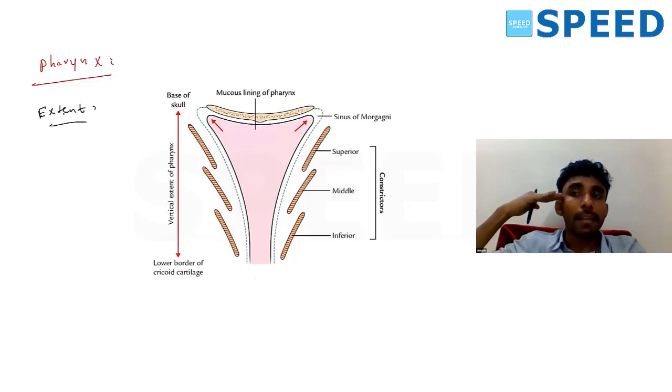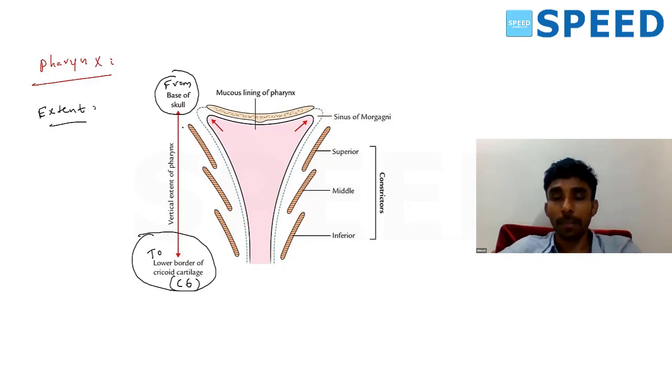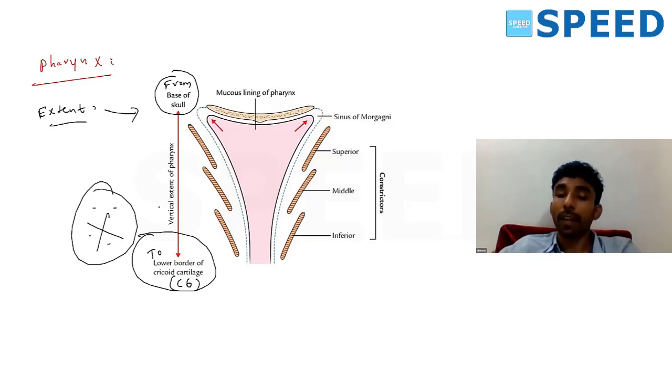Pharynx extends from the base of the skull to the lower border of cricoid cartilage, and the vertebral level of the lower border of cricoid cartilage is C6, 6th cervical vertebra. So this is the vertical extent of pharynx, from the base of the skull to the lower border of cricoid cartilage, that is C6 vertebral level.